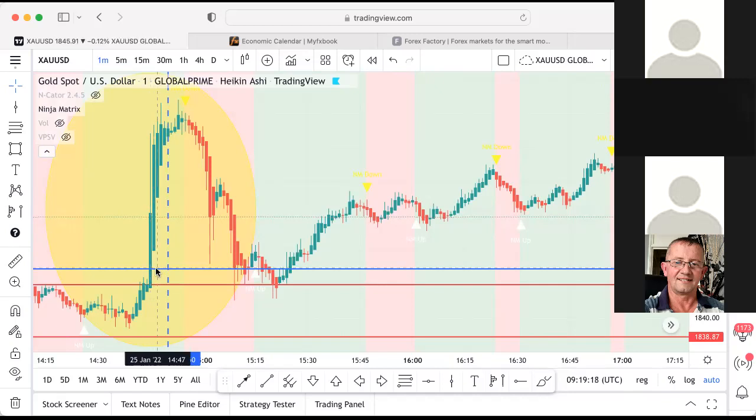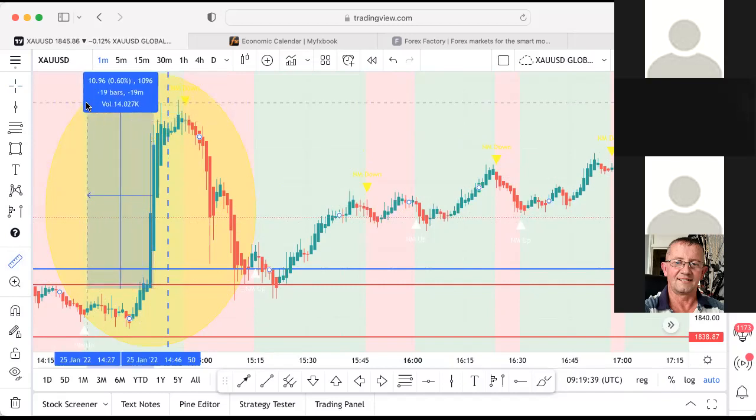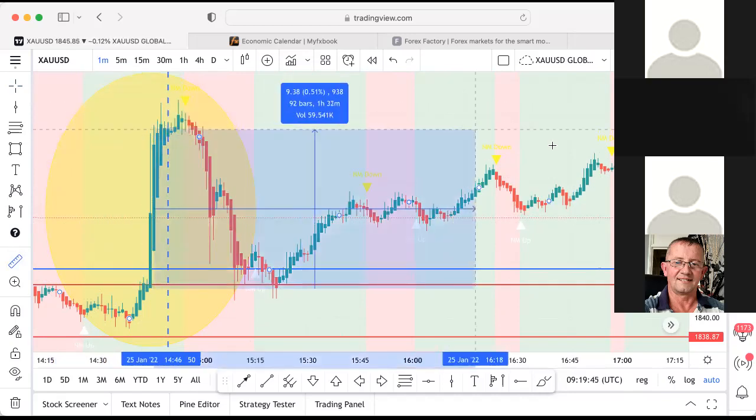So it was actually 4 1-minute candles that took it from that point just below the red line to the top of the wick there. So it was 109 pips in 3 or 4 minutes. Did anybody manage to catch any of that?